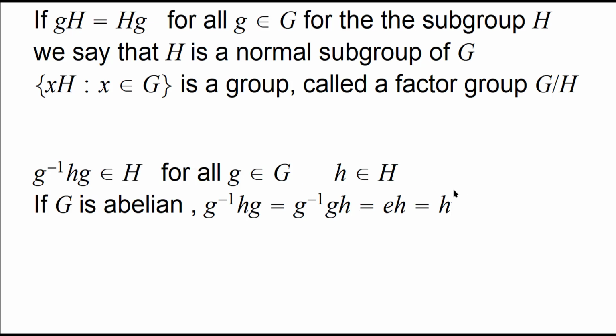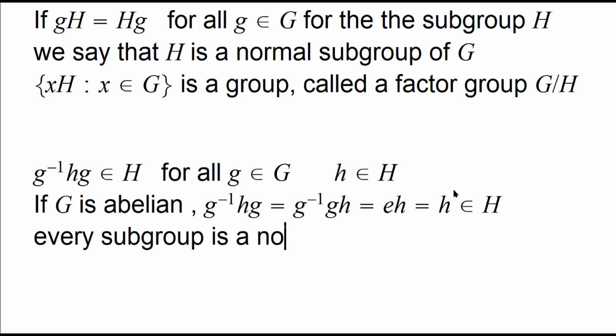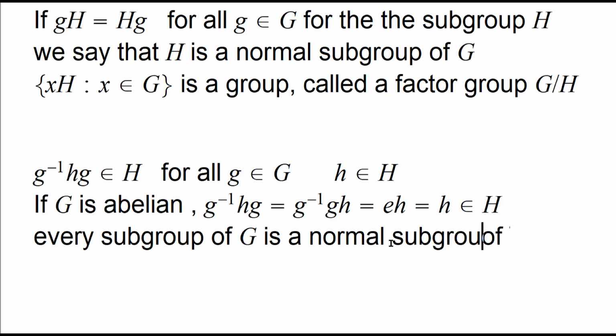So if G is abelian, every subgroup of G is a normal subgroup of G, right?